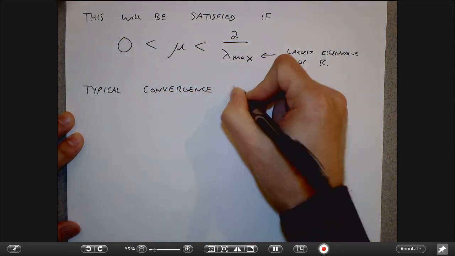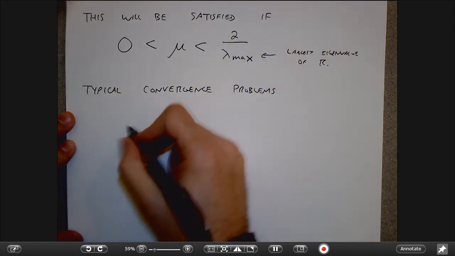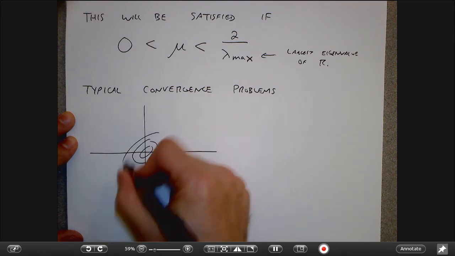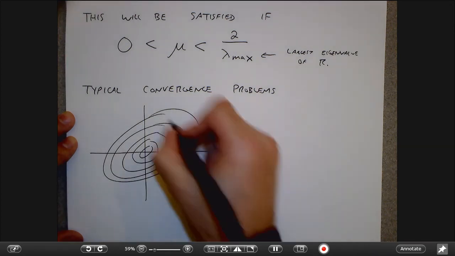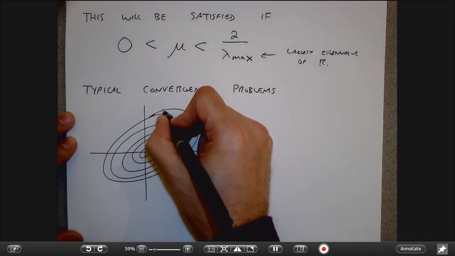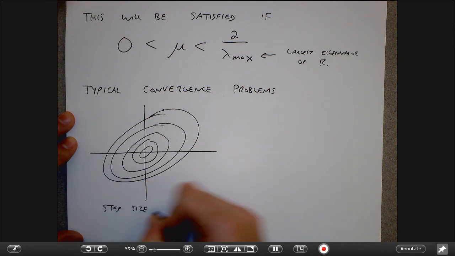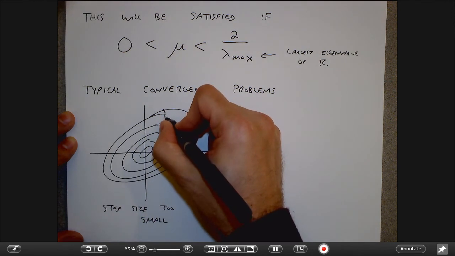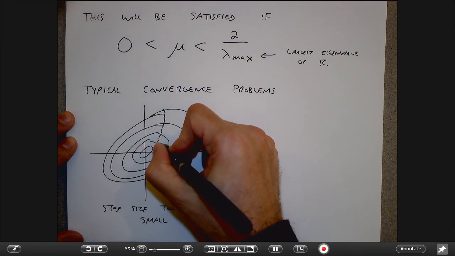You still have to deal with typical convergence problems. I was drawing this picture before, the overhead view of my cost function. If the step size is too small, I take these little, slow, pokey steps, and I eventually get to the minimum.